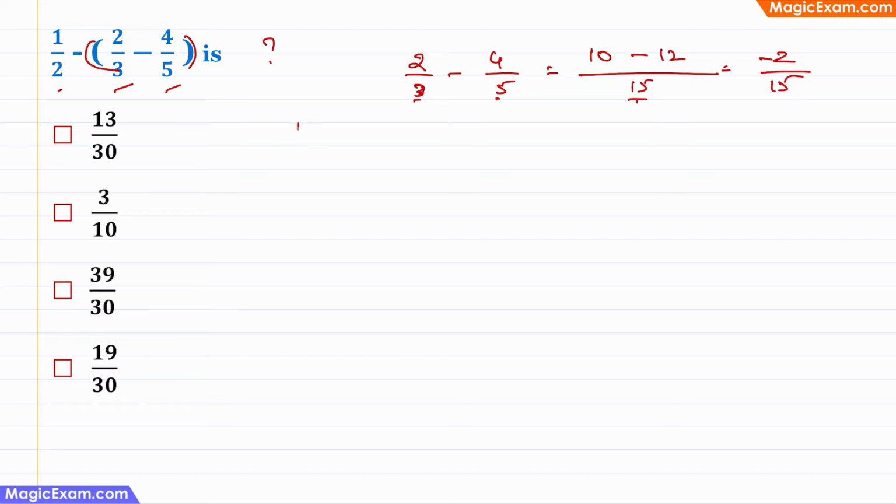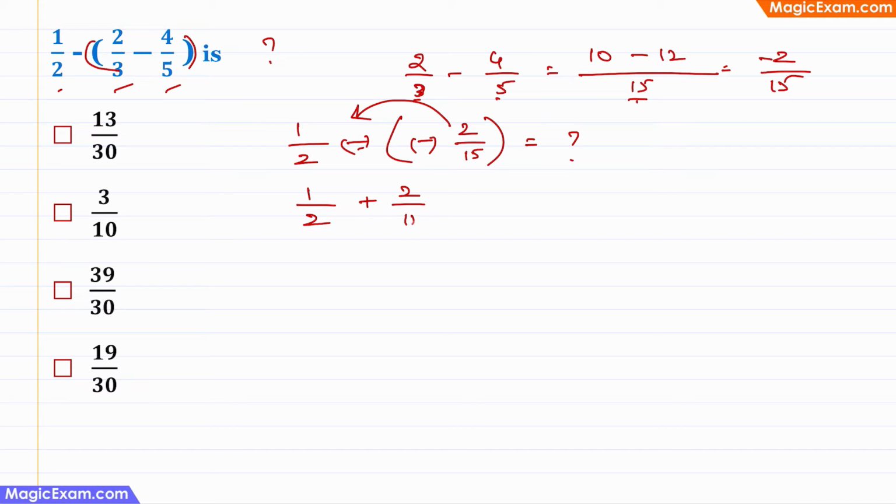Now the problem is 1 by 2 minus 2 by 15 is equal to how much? Now if we get this number outside the braces, outside the bracket, there is already a minus here. Therefore this minus and this minus, they'll combine and become plus. So 1 by 2 plus 2 by 15 is equal to how much?